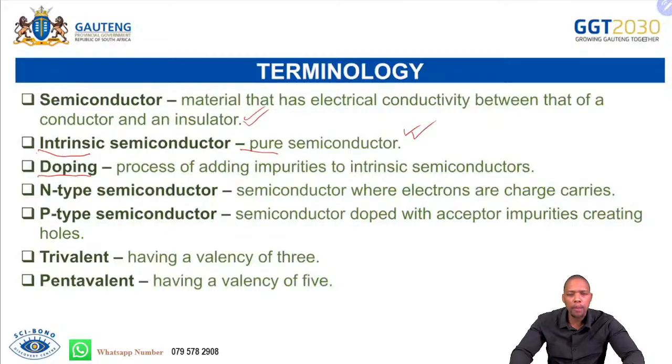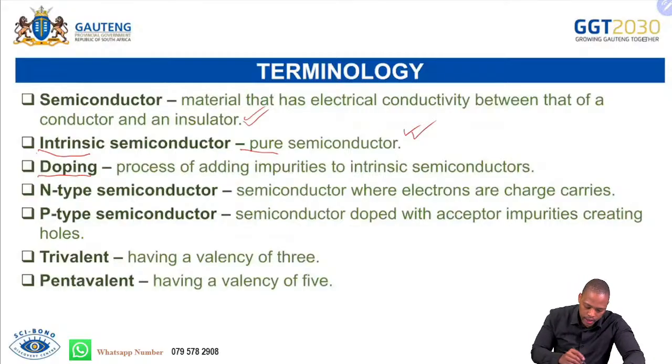And then N-type semiconductors are semiconductors where electrons are charge carriers. P-type semiconductors are semiconductors doped with acceptor impurities that end up creating holes. This will make sense in just a minute.